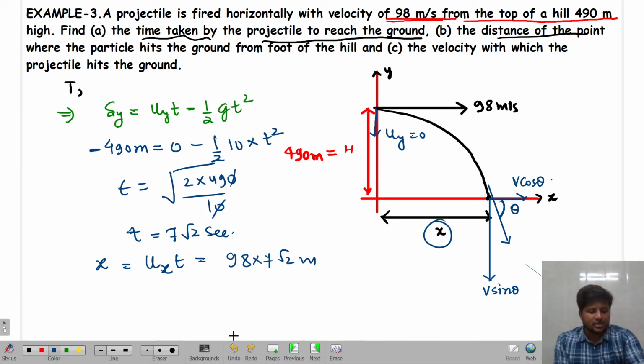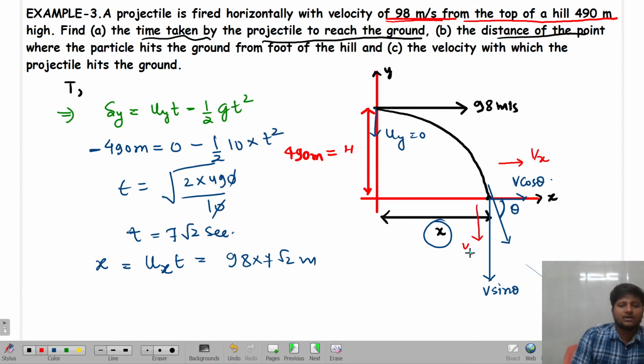What it is asking actually, the most important thing, you have to calculate the velocity of the projectile when the projectile hits the ground. This is the most important calculation part. So how much that should be? Tell me. How to do it? Try to understand. If you are aware of velocity along x, and you are aware of velocity along y, then you can calculate the resultant velocity.